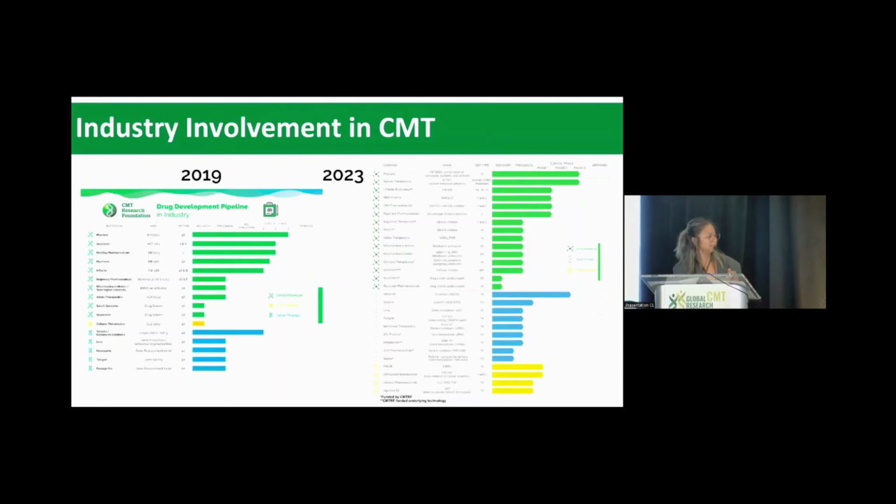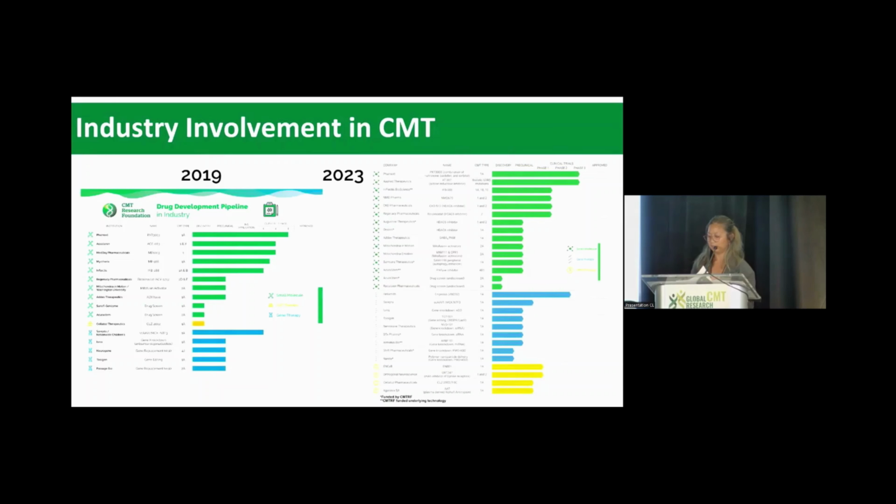And this is just to show a comparison of what the pipeline looked like in 2019. Now in 2023, CMTRF kind of grew that pipeline. So in 2019, we had one CMTRF funded project, and in total in the pipeline, there were 16.